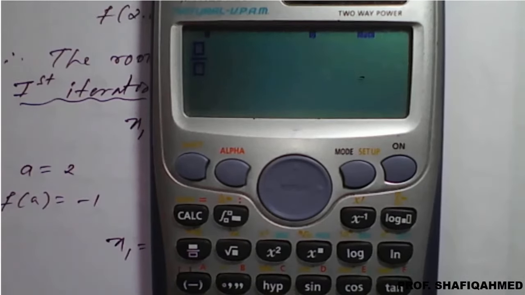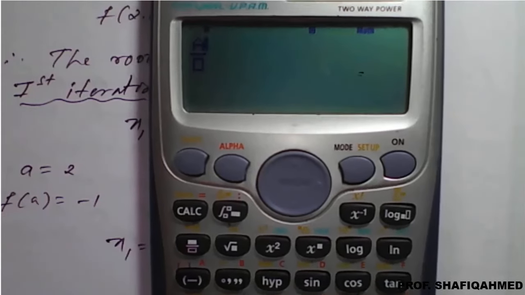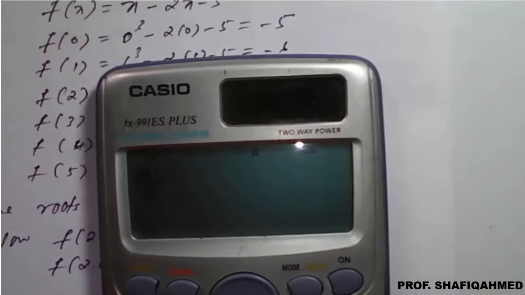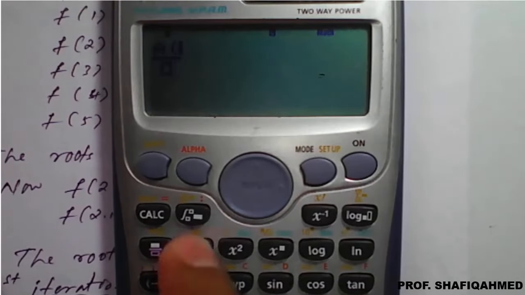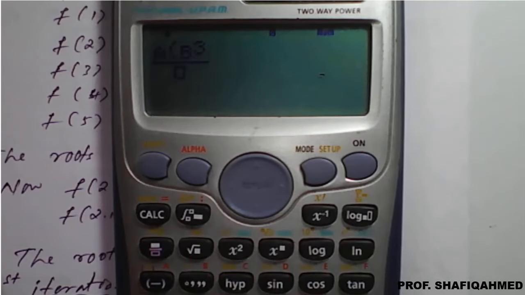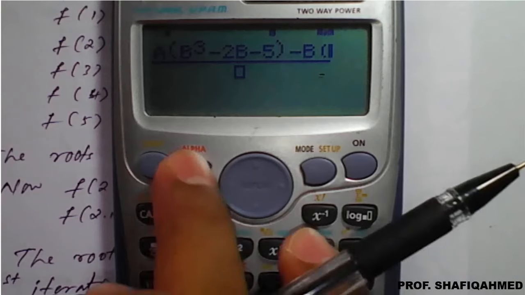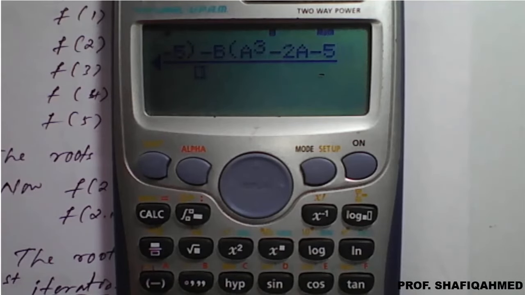So take a division option. The formula is: alpha a into f of b, which is the above equation written in capital B form, that is alpha b cube minus 2 into alpha b minus 5, close the bracket, minus b into f of a, that is alpha b into the same equation in terms of a, alpha a cube minus 2 times alpha a minus 5, close the bracket, divided by f of b minus f of a.